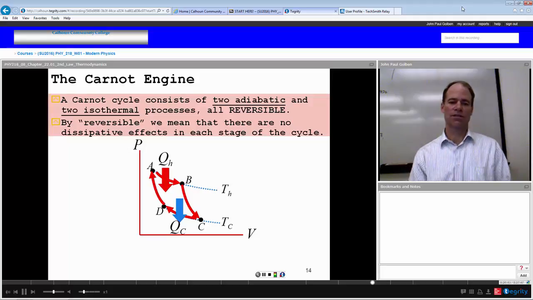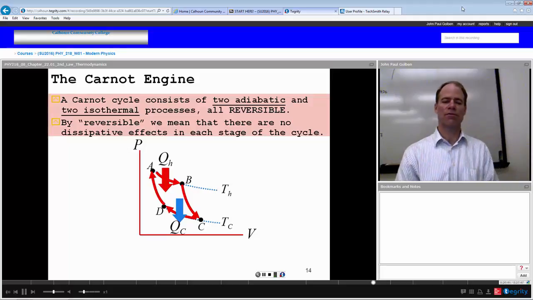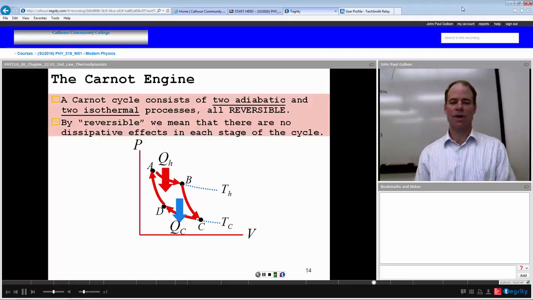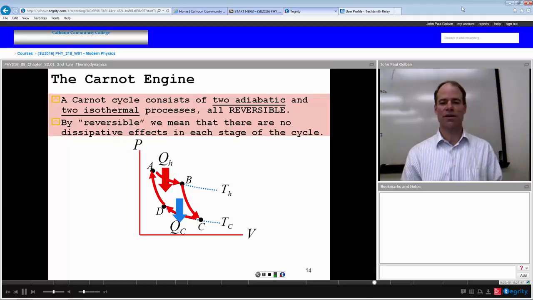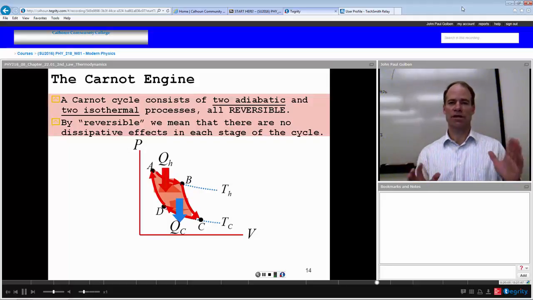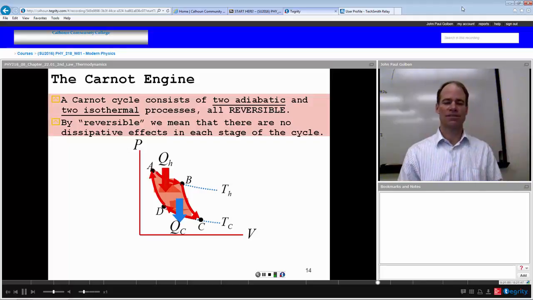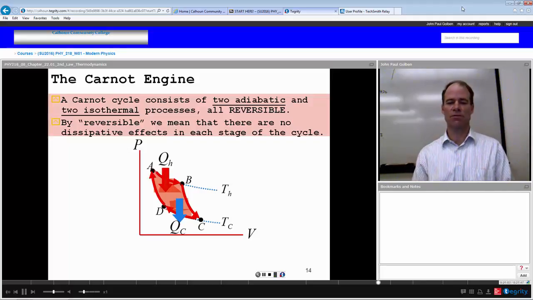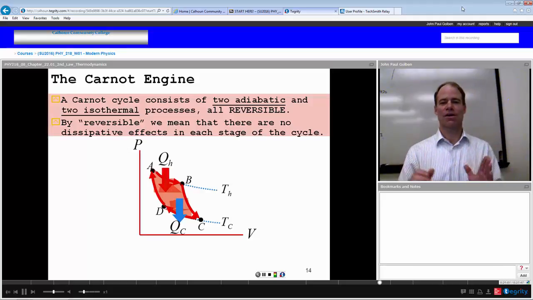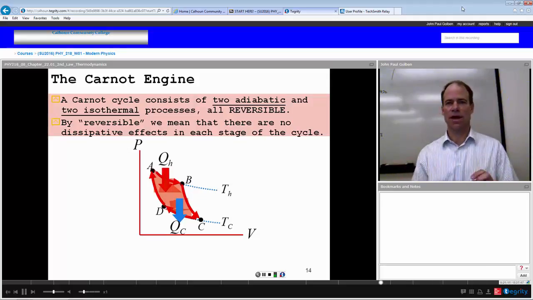Then we continue to change our volume from D to A in an adiabatic process. No heat exchange there. Our internal energy is going to have to go up as work is being done on our engine, and hence our state will have to change as we go from the cold temperature to the hot temperature. So this is our Carnot engine. Two isothermal processes, two adiabatic processes, a cyclic engine.